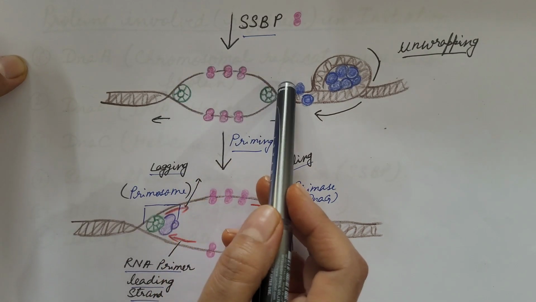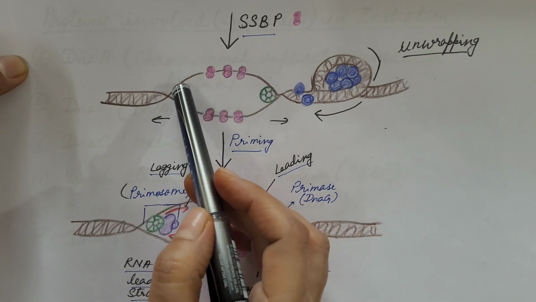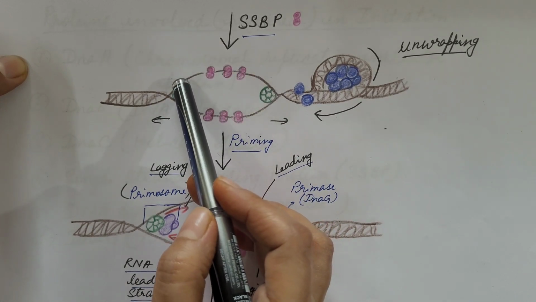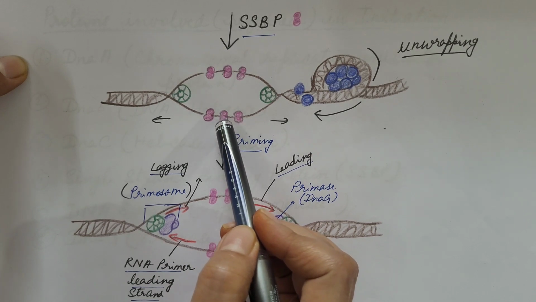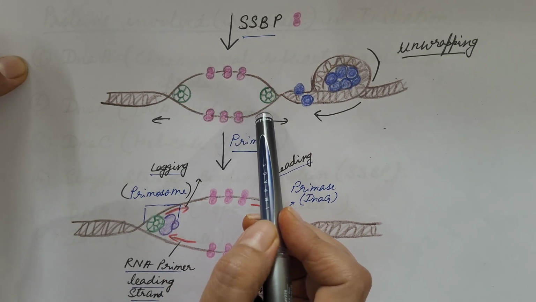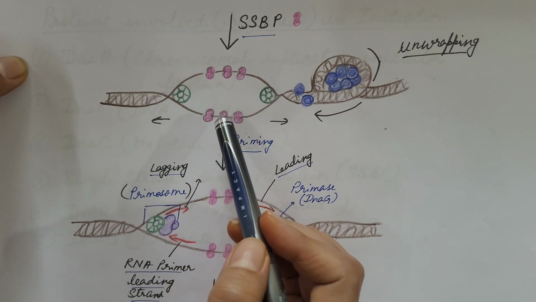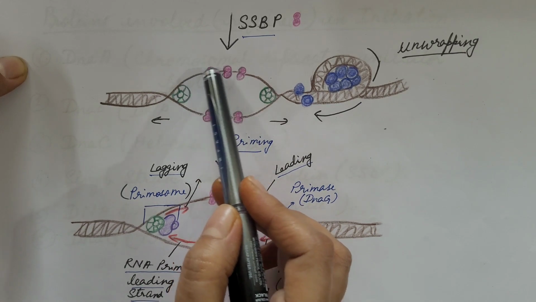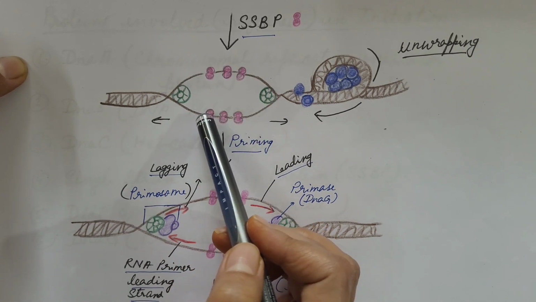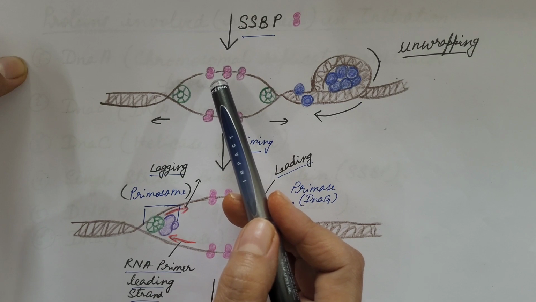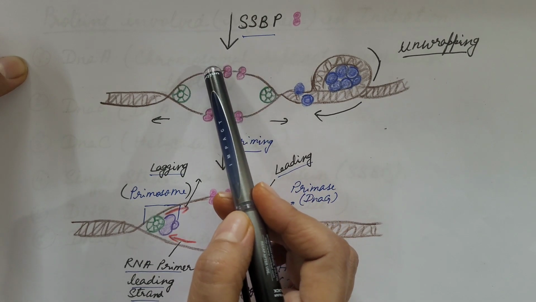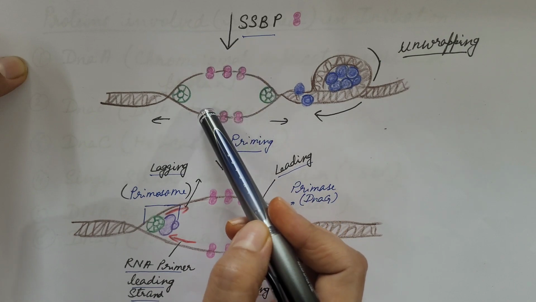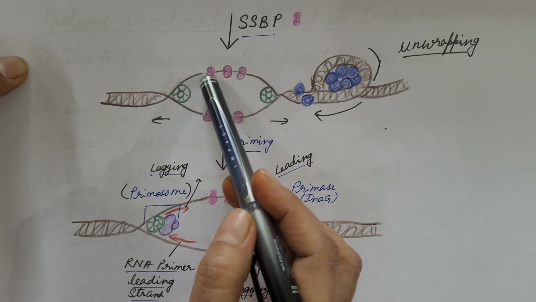As the separation of the 2 strands takes place, a single strand of the DNA is generated, which serves as the template for the synthesis of the new strand. In order to stabilize the single strand and to prevent it from re-annealing or rewinding, single strand binding protein comes and binds with these single strands.